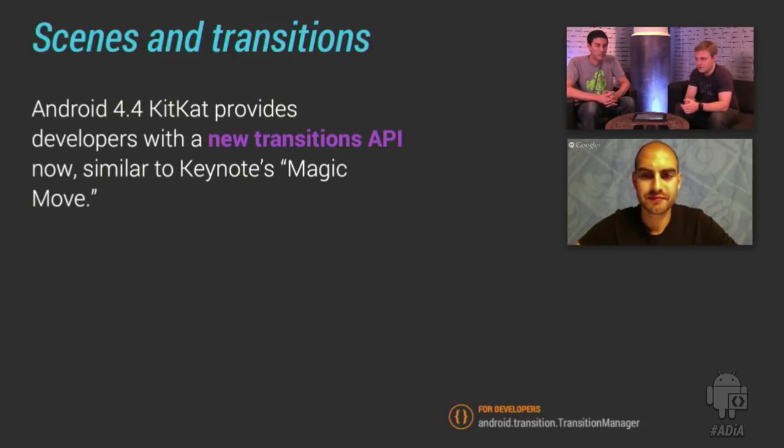For earlier versions of Android, it does require a bit of work. It's definitely still doable. But if you're running Android 4.4 or later, I don't think there's an excuse anymore to not use this API. The great thing about this API is that it's so simple. The easiest form of this is one line of code. I think it's beginDelayedTransition or something like that.